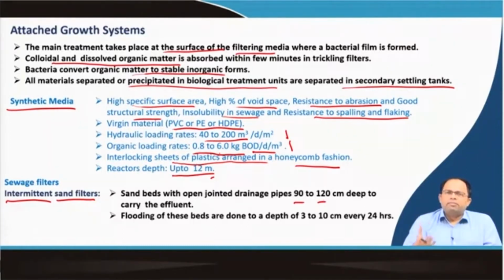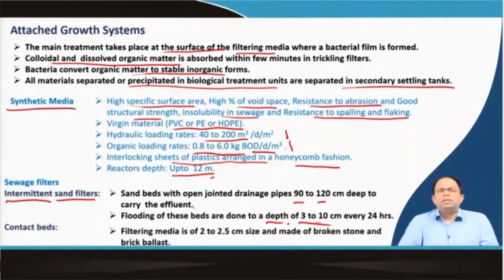The effluent comes down through the sand and gets filtered, and the organic matter is acted upon in the pores of the sand, and then the effluent goes into the underdrainage pipes from where it is drained to the disinfection tanks maybe. Flooding of these beds is done at a depth of 3 to 10 centimeter every 24 hours. So, gradually this is the flooding rate of the tanks, and it takes 24 hours for this amount of sewage to go down via this sand filter.